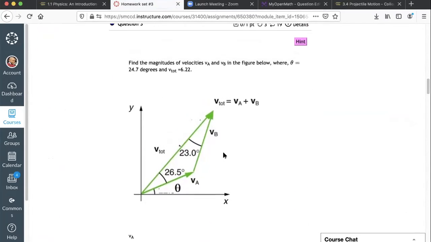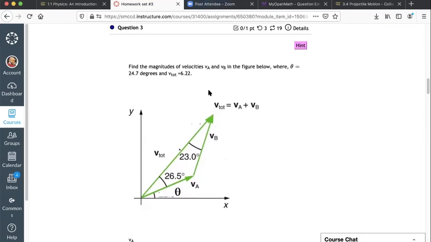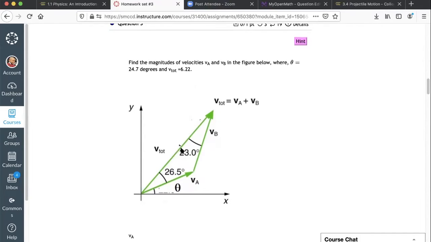So you see here is an example where they want us to find the magnitudes of VA, that's this one, and VB, that's this one over here, given that this total magnitude here is 6.22, and given that this angle here is 24.7 degrees.